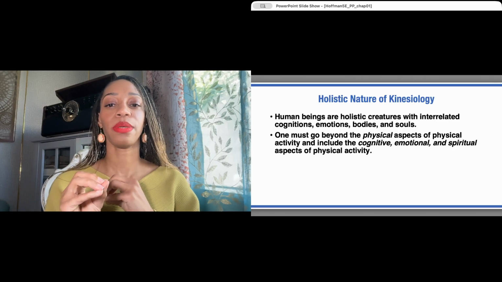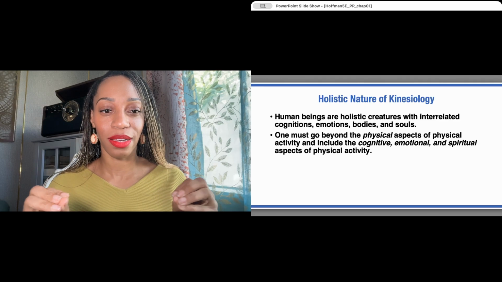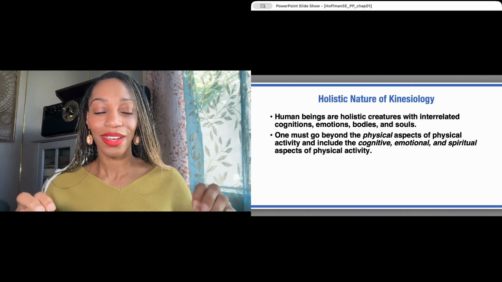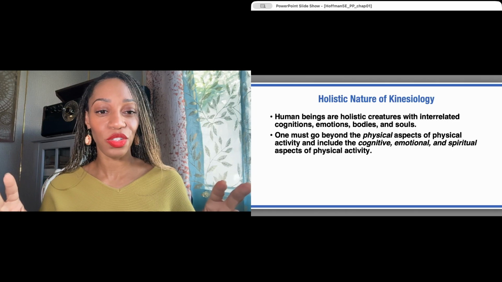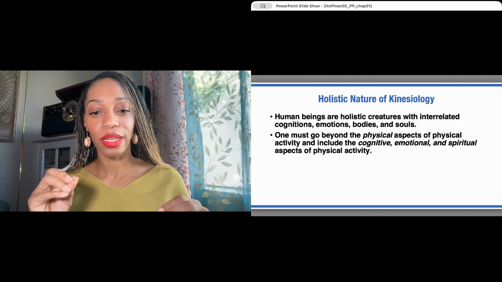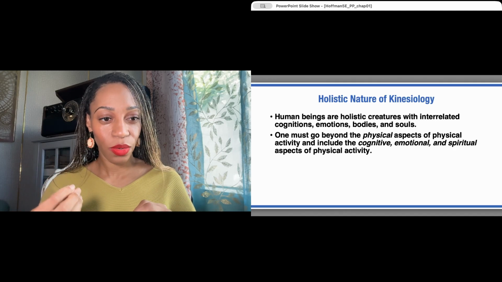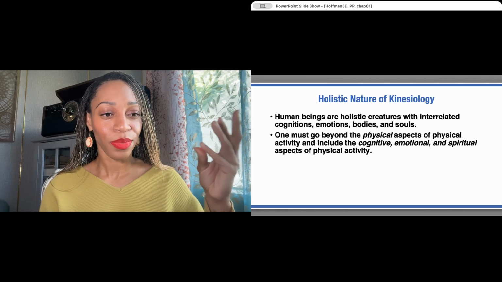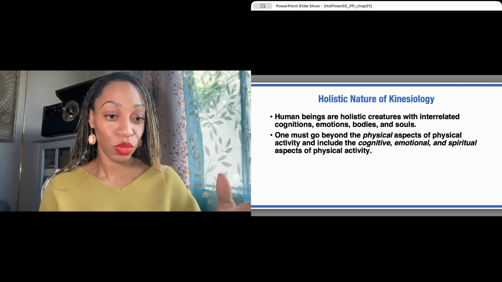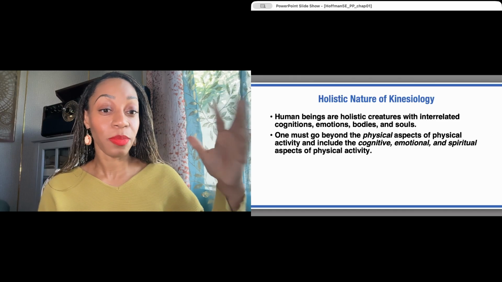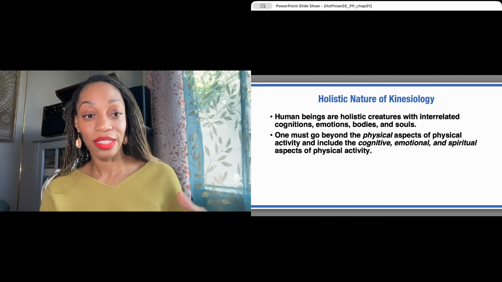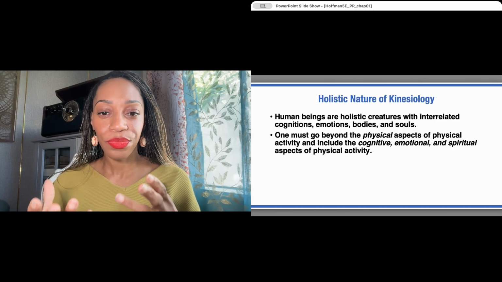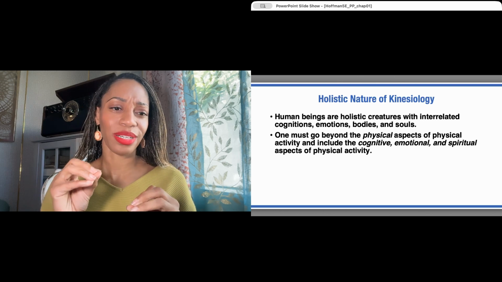So you kind of have to go beyond physical aspects of activity, because PE, or physical activity, or kinesiology, is really the only area of learning, or the only discipline that encompasses cognitive, behavioral, they say emotional now, and spiritual aspects, or cognitive, emotional, and kinesthetic aspects. So these are all really important concepts.